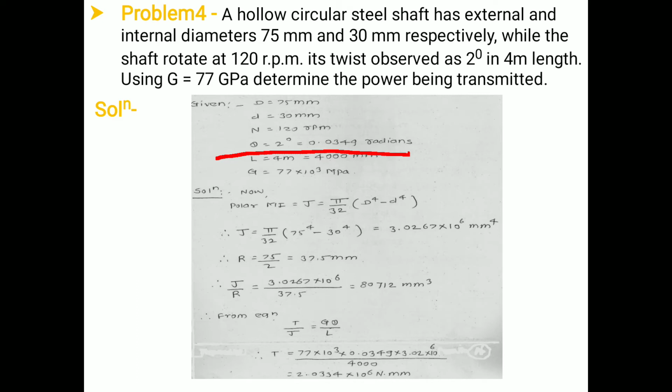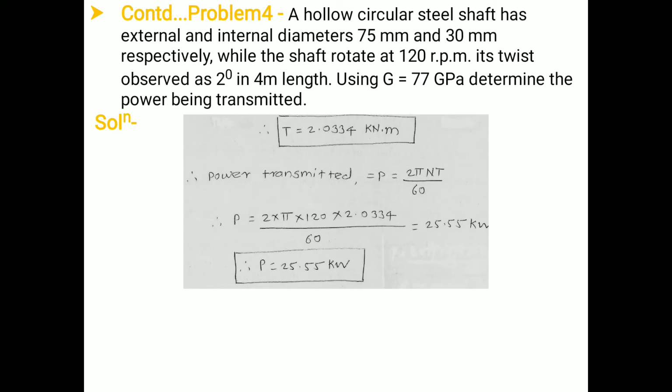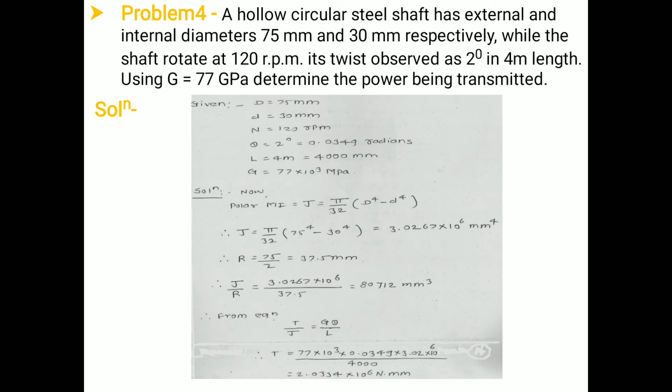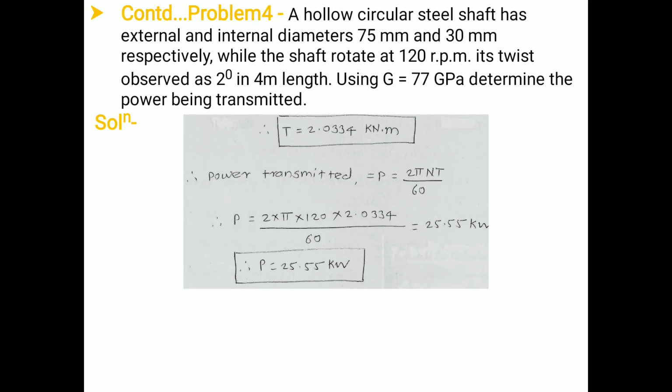So in radian it is 0.0349 radian. Once you find the value of T, it is actually in Newton mm, it is 2.0334 into 10 raised to 6 Newton mm. So in kilonewton meter it is 2.0334 kilonewton meter.